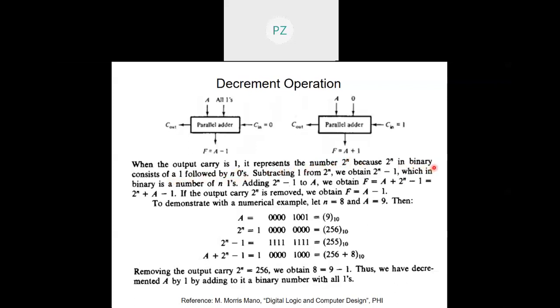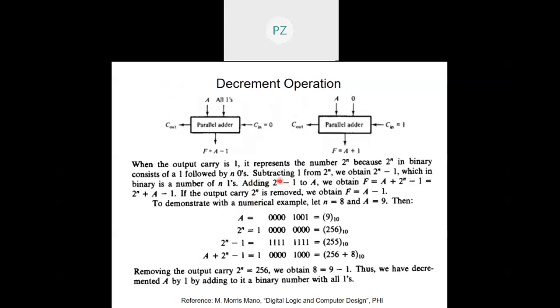Now subtracting 1 from 2^n, we obtain 2^n minus 1, which in binary is a number of n ones, right? Suppose I write 16. 16 will be 1 followed by 4 zeros. If I subtract 1 from it, it will become 4 ones, 1, 1, 1, 1, right? That is what it means.